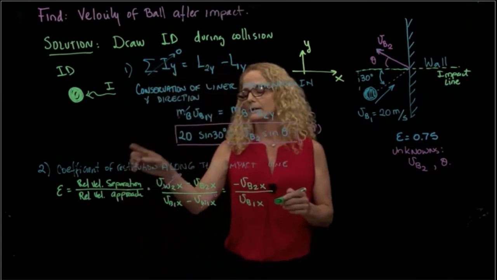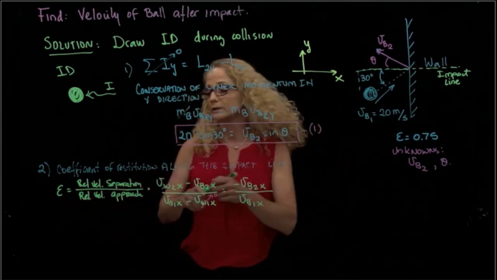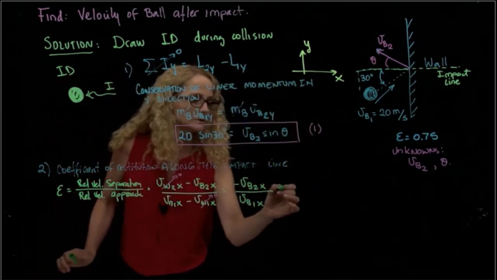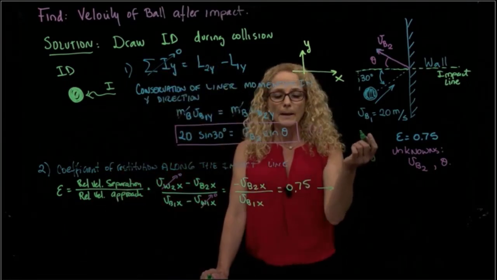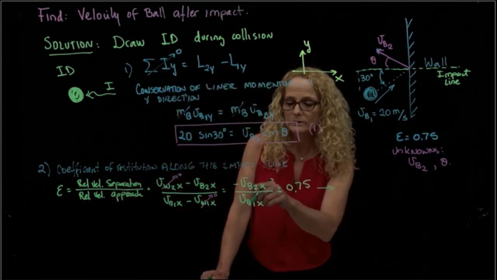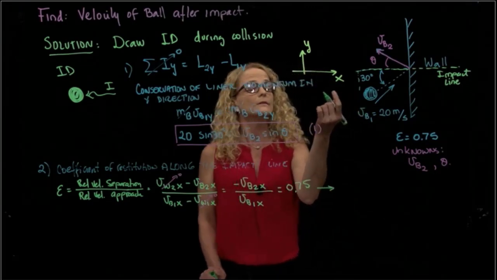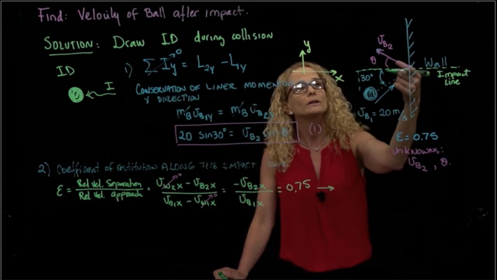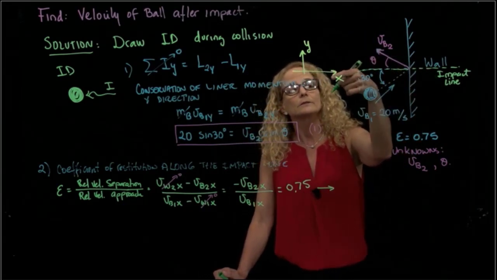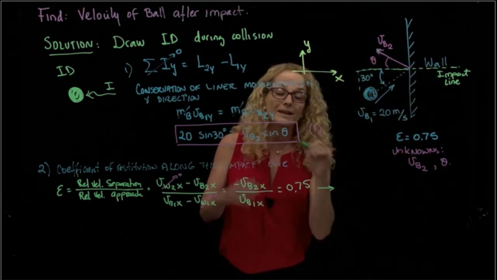So that means that the coefficient of restitution, which is given, is 0.75. So what do we have? If you look at my diagram, the velocity 2 is going towards the negative direction of x. So be careful with the sign.